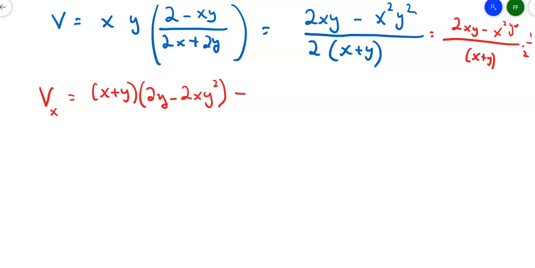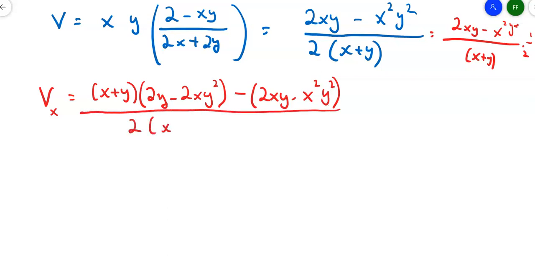So bottom times derivative of the top, minus top, so I just get 2xy minus x squared y squared, times the derivative of the bottom. Well, when I derive the bottom with respect to x, I just get 1, all over, we'll carry the 2 along for the ride, (x plus y) squared.